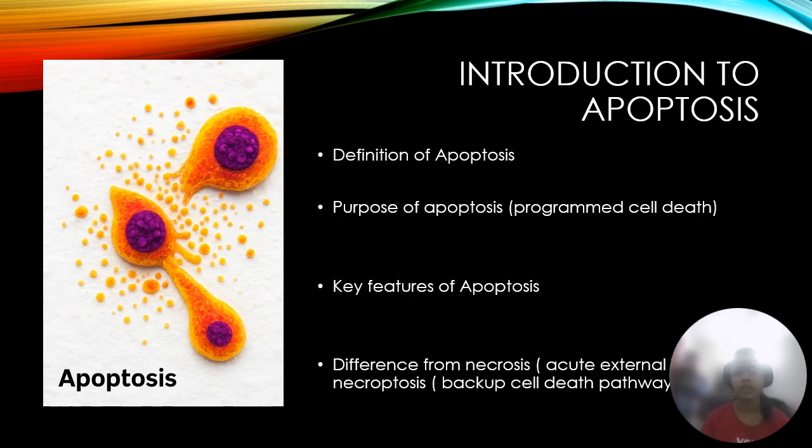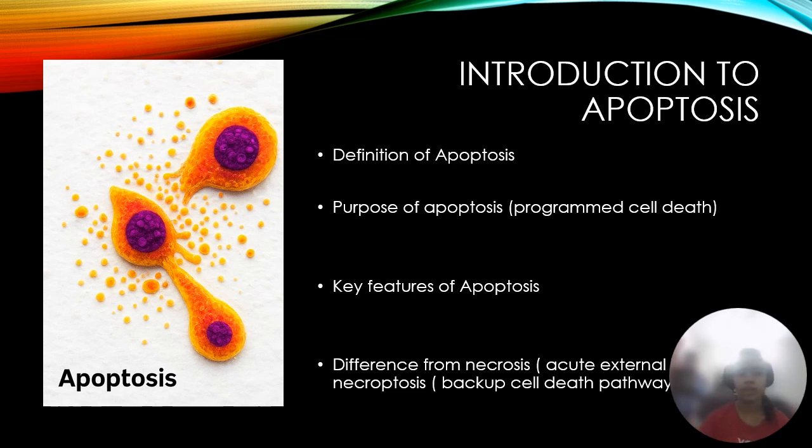Programmed cell death is an active process, that is, it depends on energy. There's a series of cellular changes that happen, and that is what apoptosis is. There are morphological and biochemical changes.